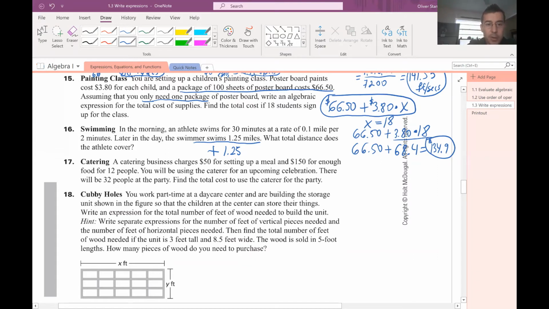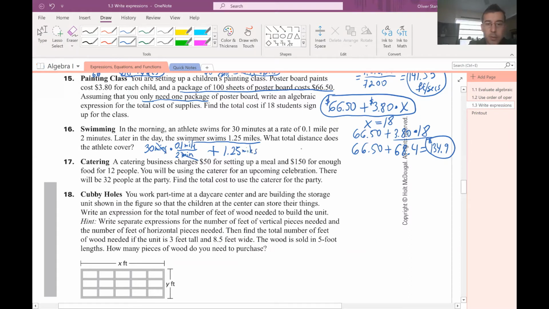And in the morning, he swims 30 minutes. So 30 minutes here times the rate of 0.1 mile per 2 minutes. Okay, so minutes and minutes are going to cancel out. We end up with miles here, when this is already in miles.